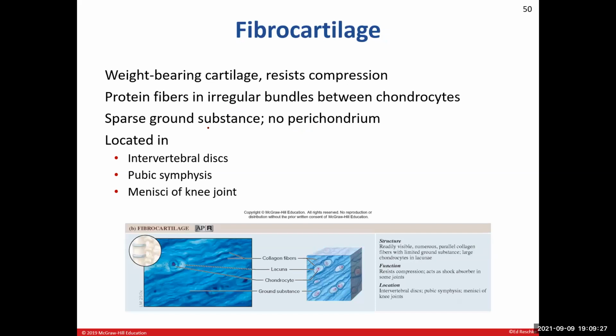The second type of cartilage is fibrocartilage. This is one of my favorites. Fibrocartilage is tough. This one does not have a perichondrium.